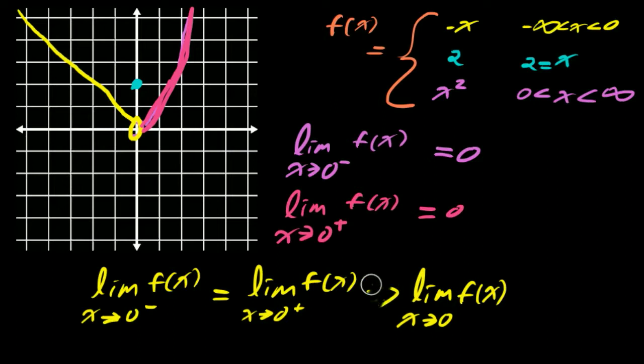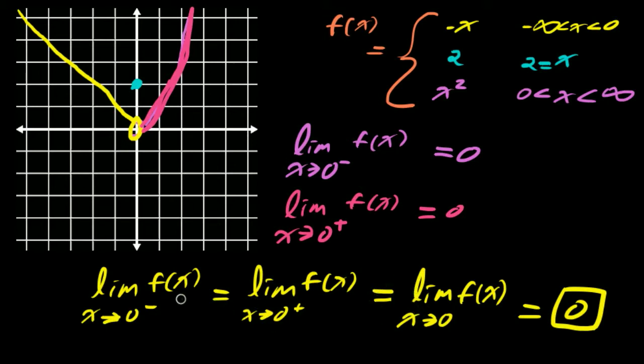I'll just say it's equal to the limit as x approaches 0 of f of x, which is equal to 0. So hopefully that gave you a little bit of intuition on this video.